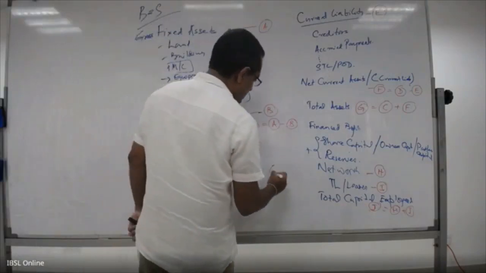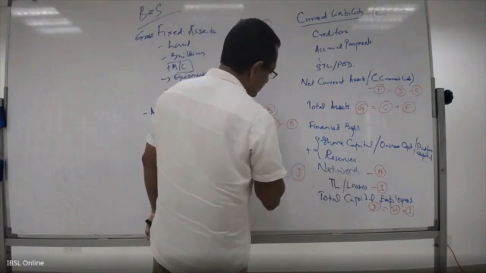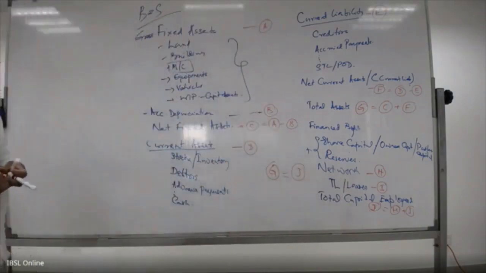This G should equal J always. Then only the balance sheet is balanced.